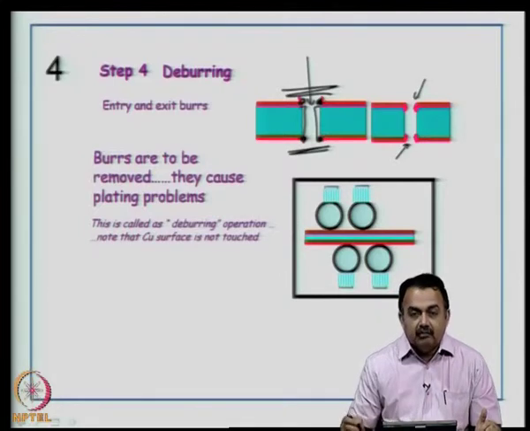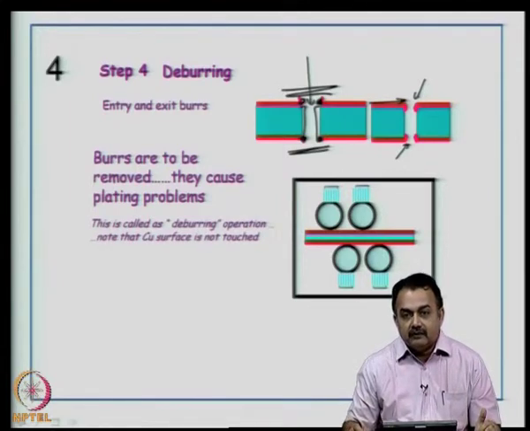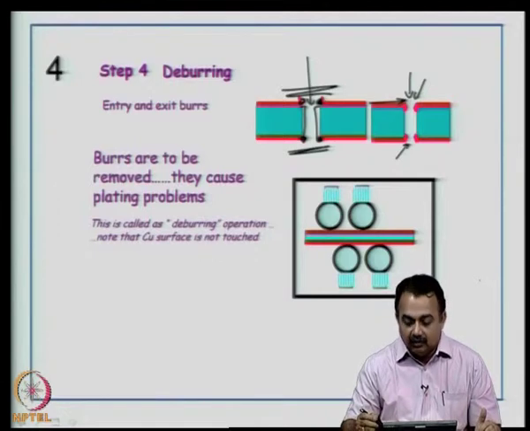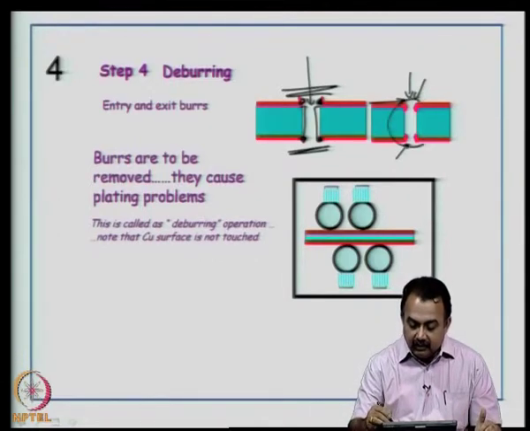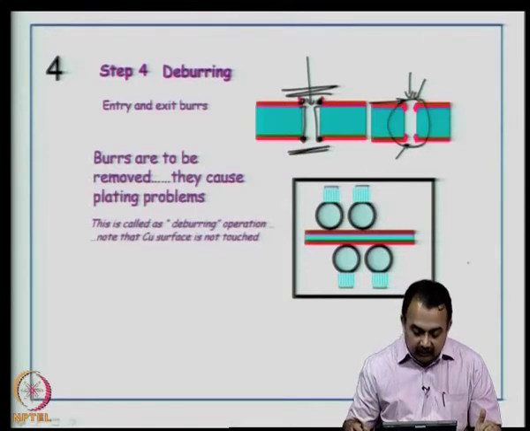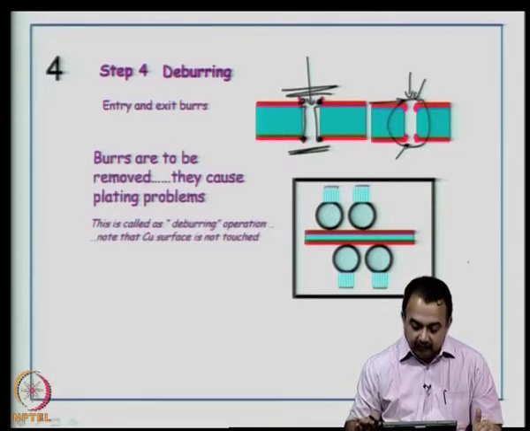You can use brushing machines that can go through the surface of the panel and push the burrs inside the hole wall. Then later you can clean the hole wall inside by chemical and mechanical cleaning. One thing is sure that burrs have to be removed, they cause plating problems.